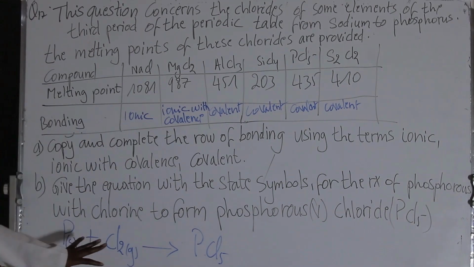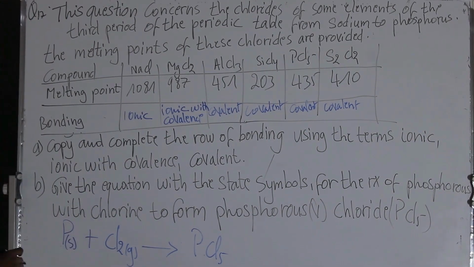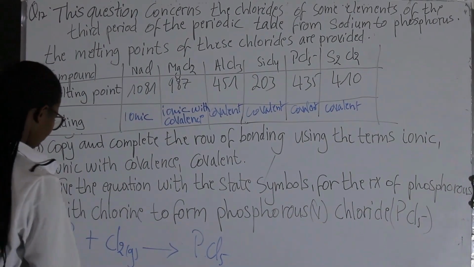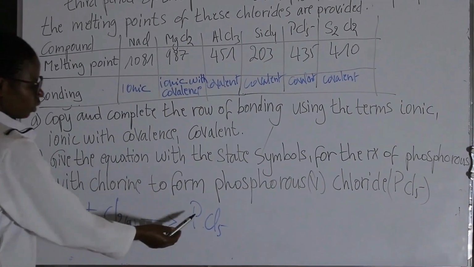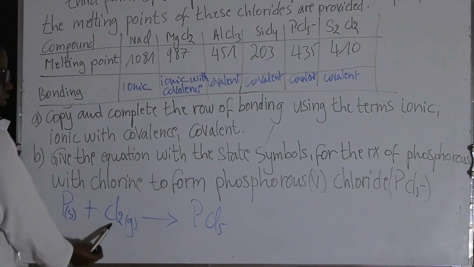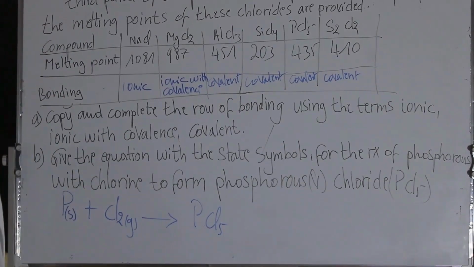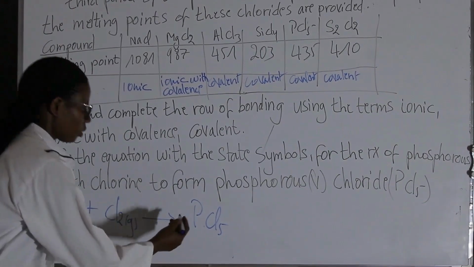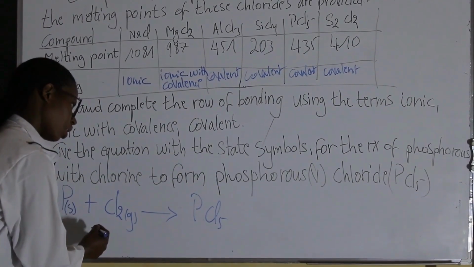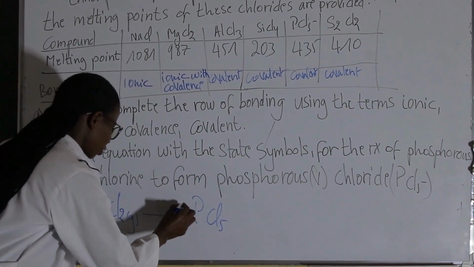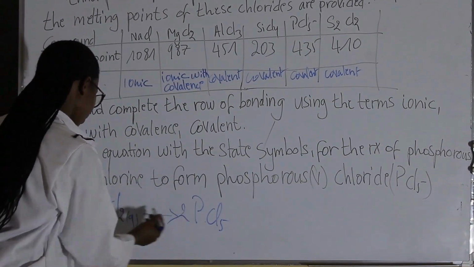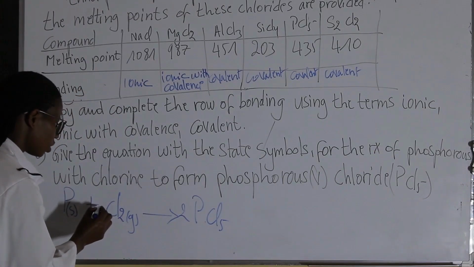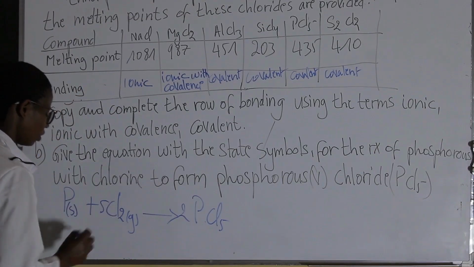Then, to balance the chemical equation: here we have 5 chlorine, here we have 1 phosphorus, here we have 2 chlorine, and we have 5. To balance this chemical equation, you may put 2 here, then we put 5 here.